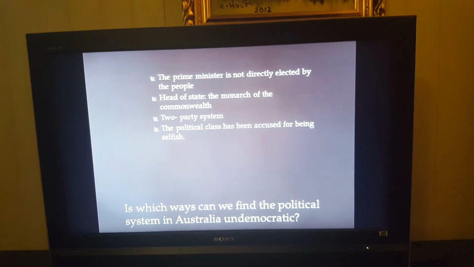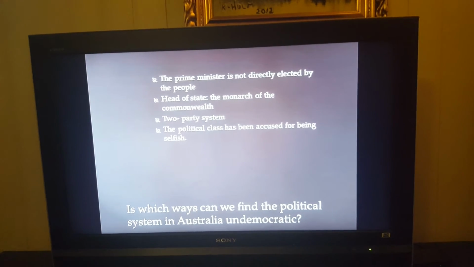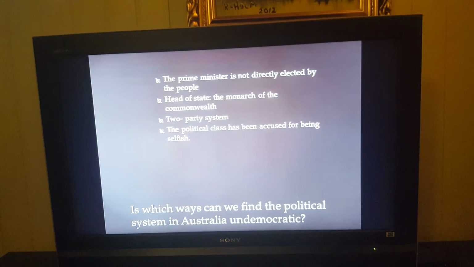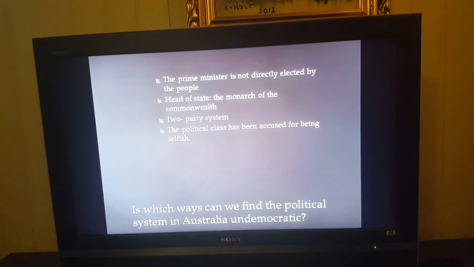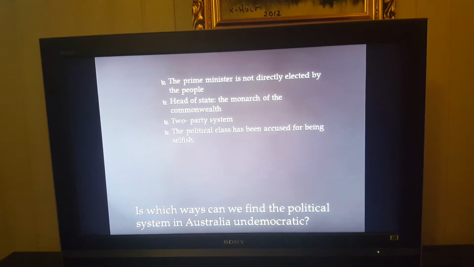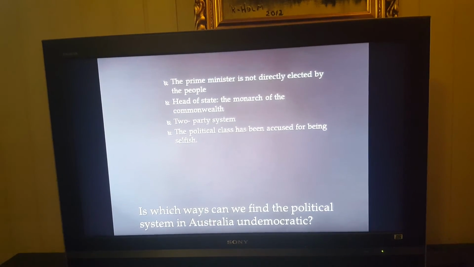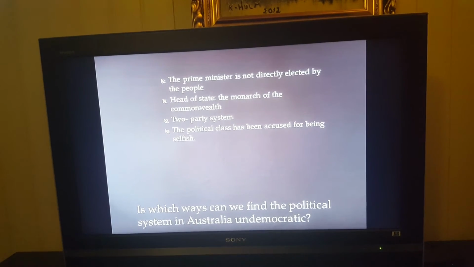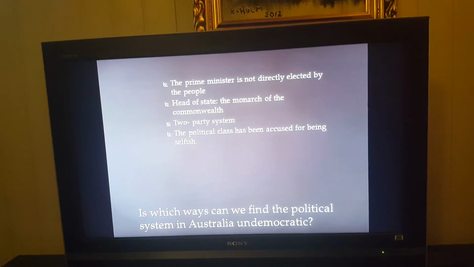And Australia has a two-party system, which kind of leaves minority parties out of the loop, and they don't really get the chance to grow. Also, having a two-party system like this means that the two parties have to cover a lot of needs and requests from a lot of people.